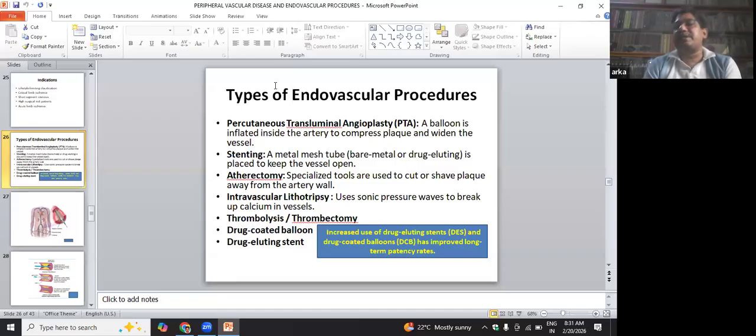And nowadays, which is under evaluation and also coming up more, that is drug coated balloon and drug eluting stent. Increased use of drug eluting stents and drug coated balloons has improved long term patency rates. Nowadays, these things are used more and more. It is also useful for the patient, though the cost is more.